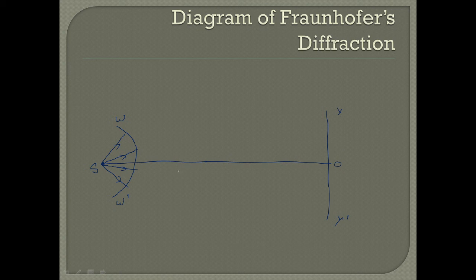According to the definition of Fraunhofer diffraction, the source and screen are both at infinite distance from the slit. Let the slit be AB, and these distances are effectively large.